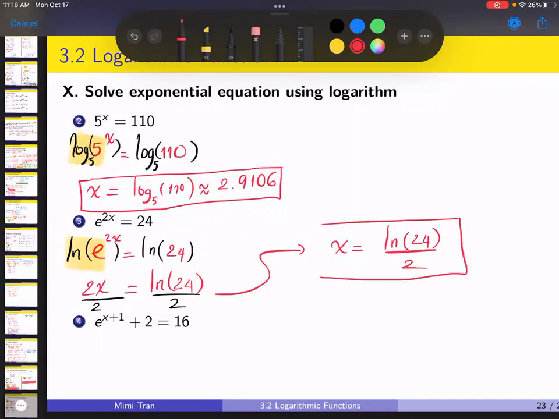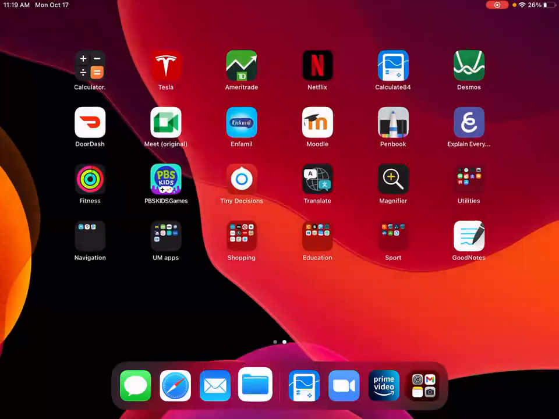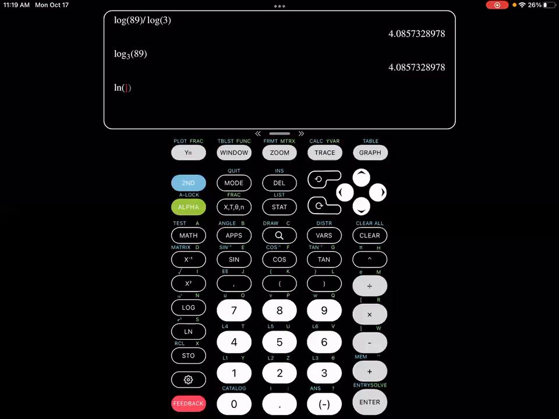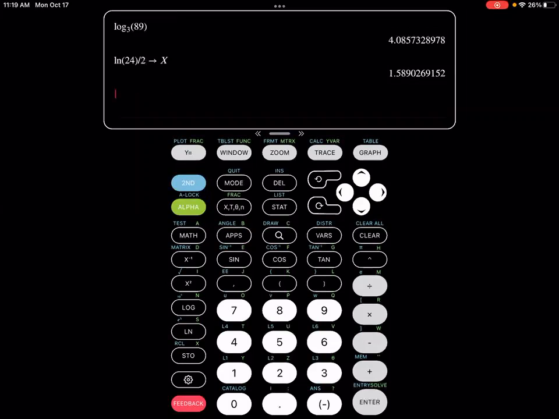Notice that I don't check my answer. Oh, you should. I'll check this one. I'm not going to ask you to check because these problems don't have extra solutions, so I don't ask you to check. The log has extra solutions. So let's check. ln of 24, and then go out of the parenthesis, divided by 2. I'm going to store it in x.